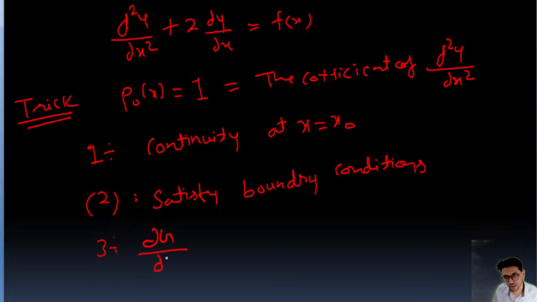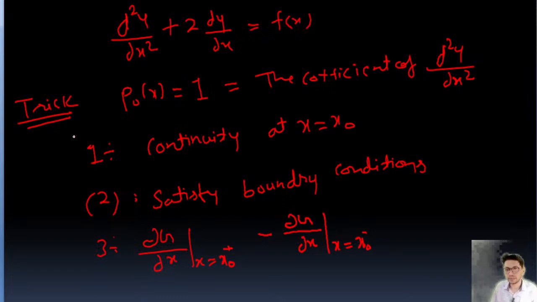over del x. Del g over del x at x equal to x naught plus, that is for greater values of x, minus del g over del x at x equal to x naught minus, for lesser values of x, and we'll check that this should be equal to 1.